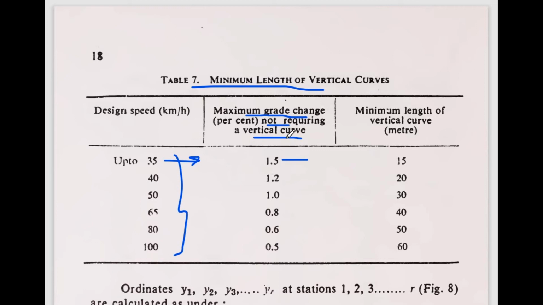All the conditions for safe stopping distance or the other kinds of sight distances will be satisfied even if we do not provide a vertical curve. But just for the sake of comfort, the minimum length of vertical curve to be given is 15 meters. Similarly, for all other design speeds, the minimum length of vertical curve can be seen in the last column.